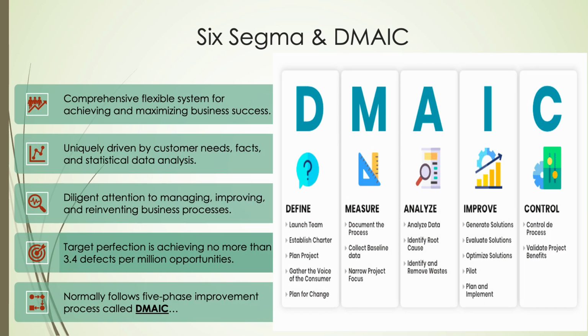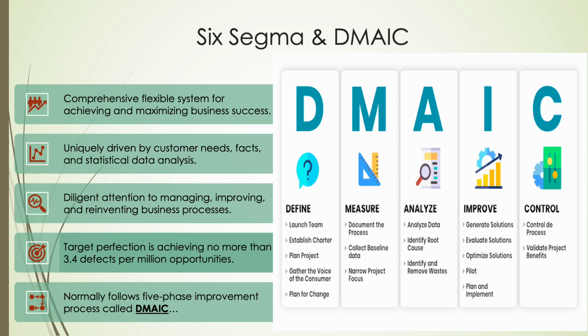The DMAIC framework complements project quality management by offering a structured approach to problem-solving and continuous improvement. In the plan quality phase, the define and measure stages of DMAIC help identify customer requirements and gather baseline data on current processes. During quality assurance, analyze and improve drive root cause analysis, waste elimination, and solution development to refine processes before defects occur.